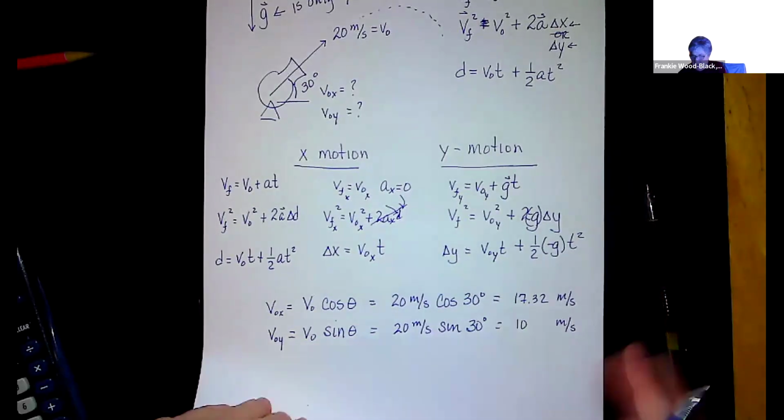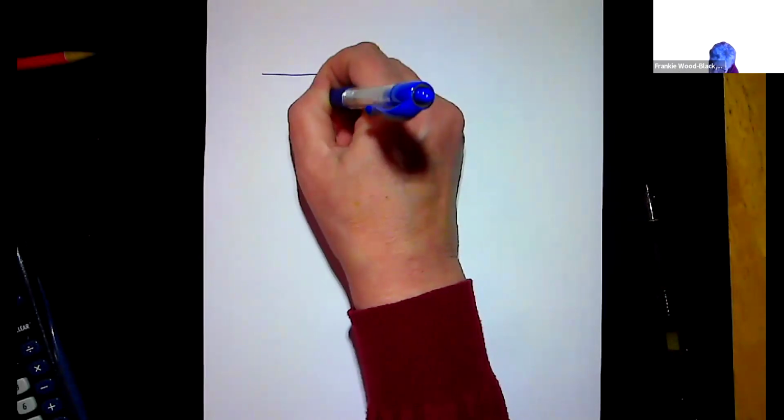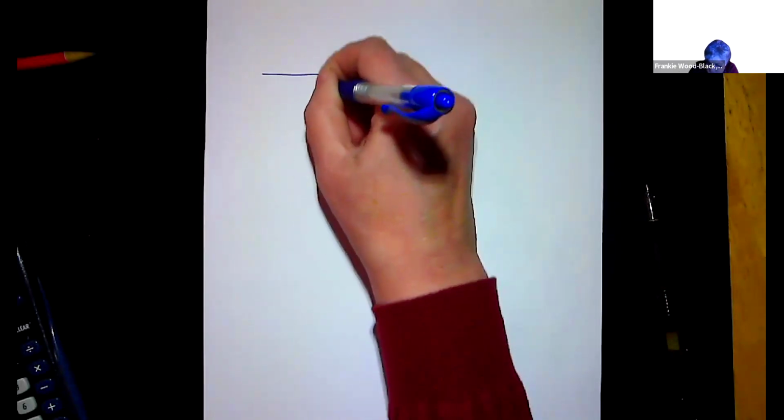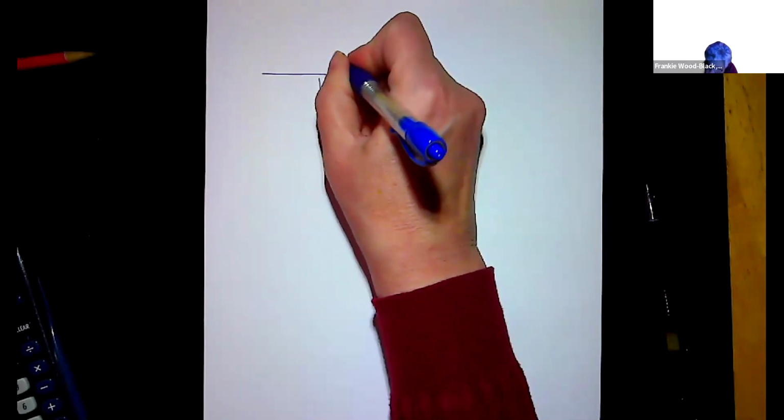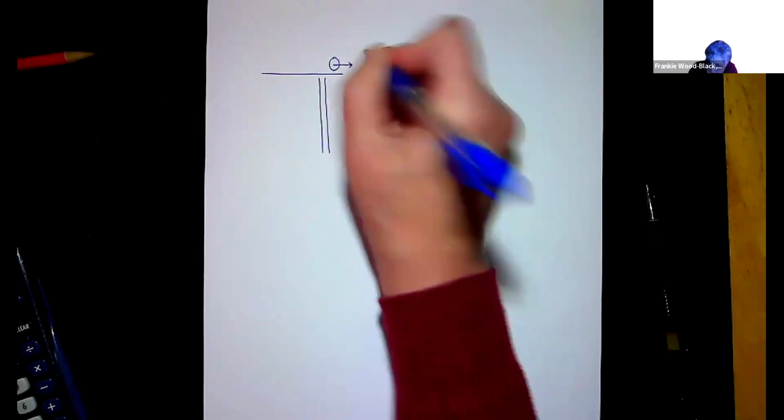Now, one of the pre-work problems that you guys had looks very much like this, and you're going to have a lab coming up that's going to do something very similar. So if I roll a ball off of the table, we know how it's going to respond.